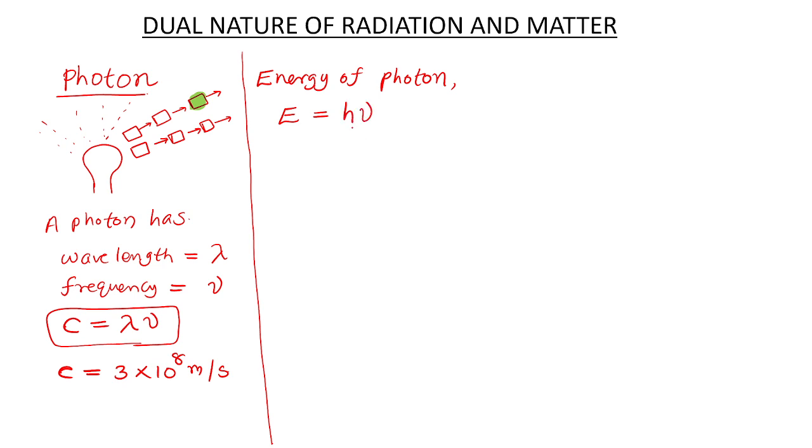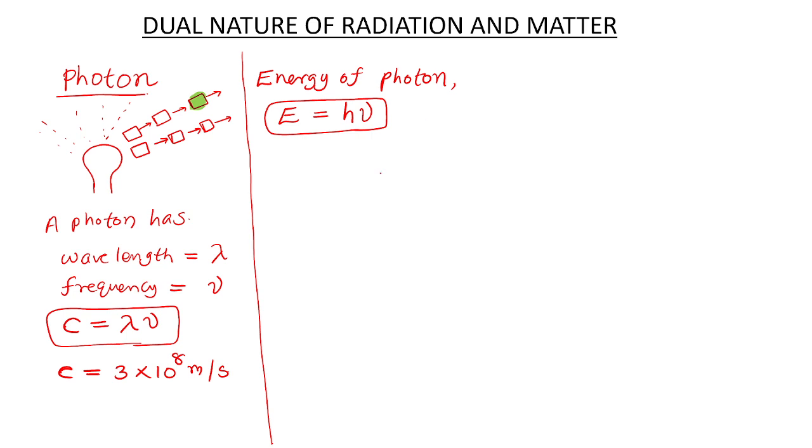Please memorize this formula. Each photon carries certain energy, because if this photon hits an atom, an electron will be emitted. This is due to the fact that the photon carries certain energy. Photon has zero mass, but it carries some energy.